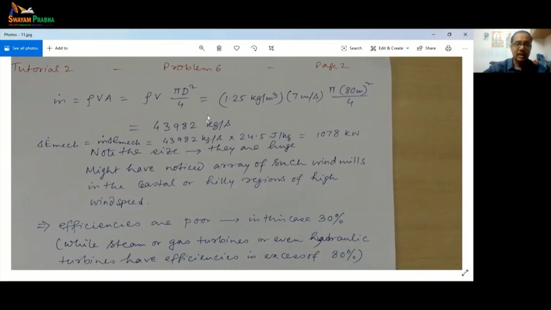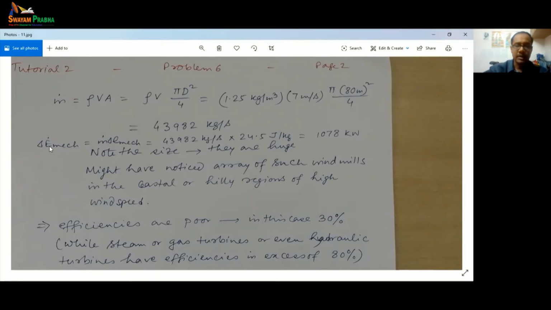So it's air. You can think of the amount of air that's actually flowing, 43,982 kg per second, and that is why we need these big windmills. Okay, first finish the numerical part and then we will discuss.